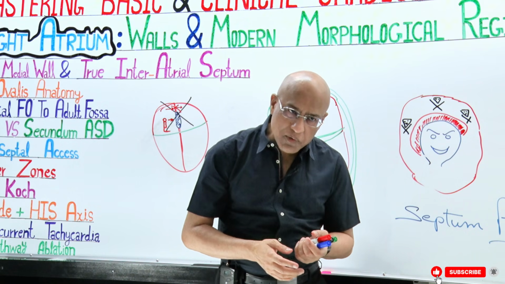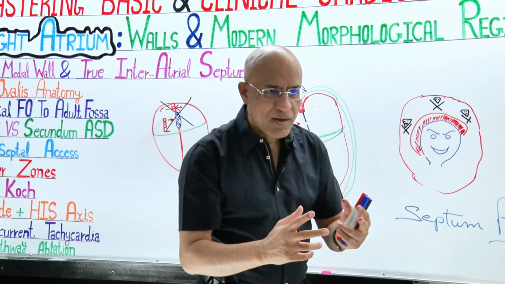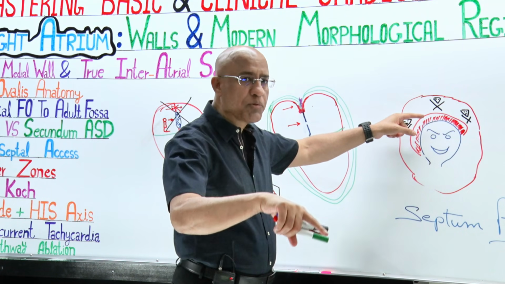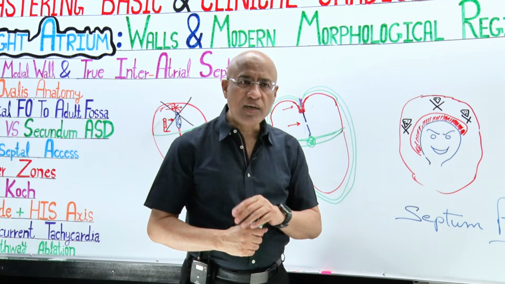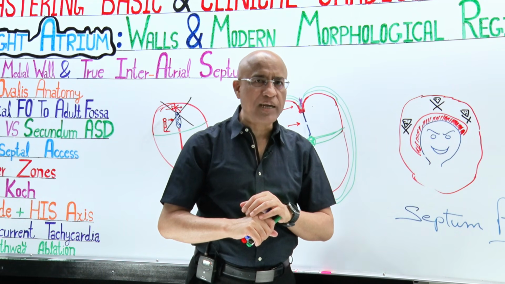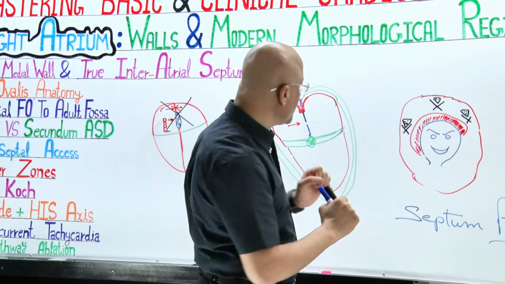This is also absolutely wrong, right? This is not mainly derived from septum secundum, it is mainly derived from inter-atrial infolding.